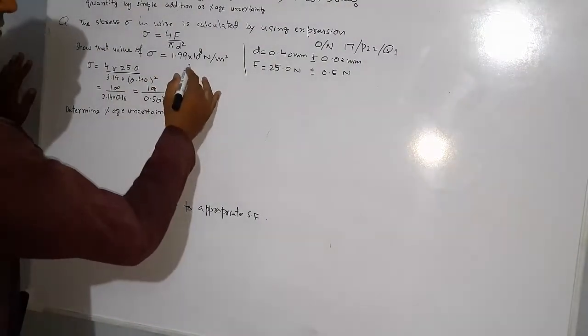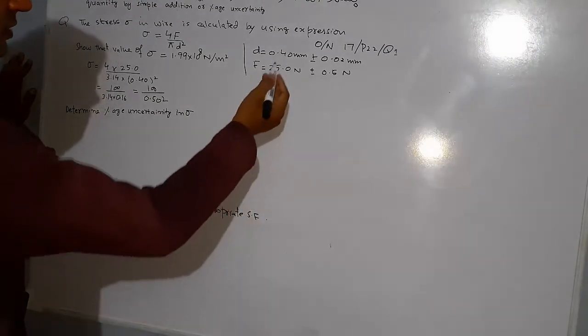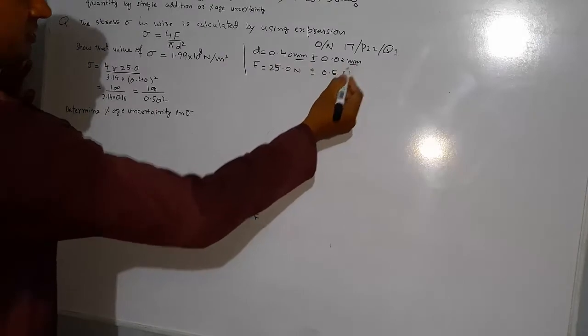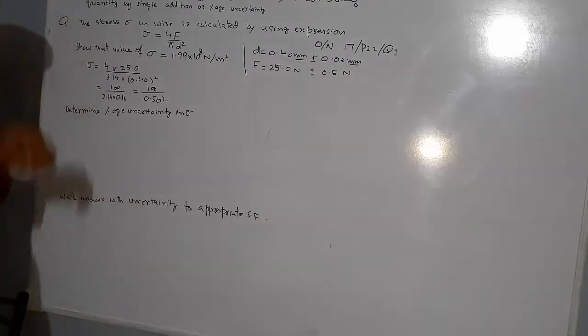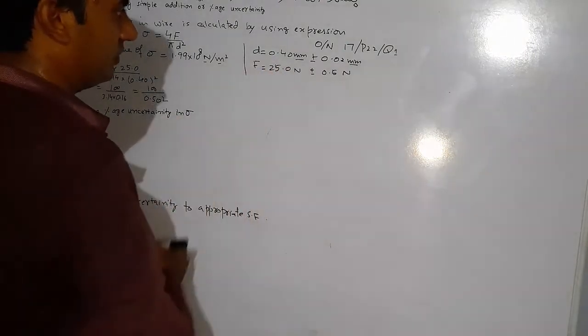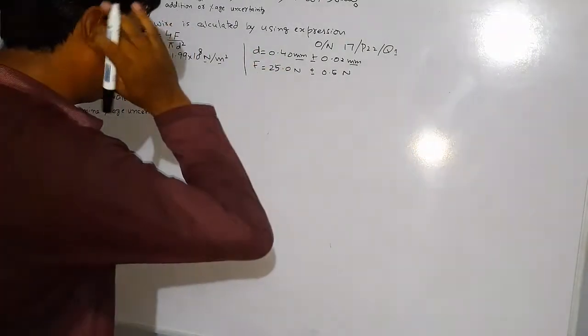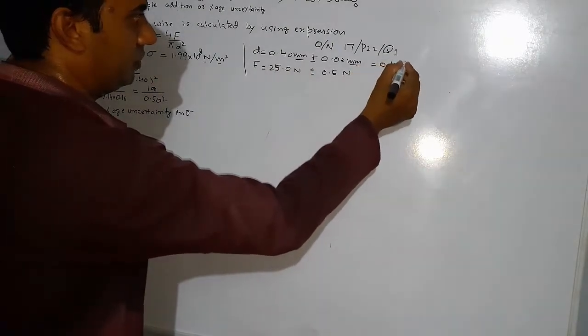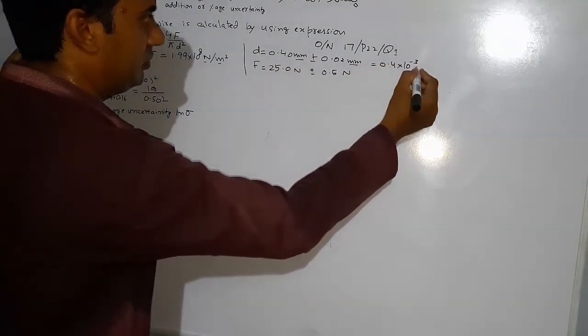Here we do have the diameter in millimeter. We need to convert it, because in SI units we need Newton per meter square. So instead of writing 0.4, we write 0.4 into 10 power minus 3 meter, plus minus 0.02 into 10 power minus 3 meter.